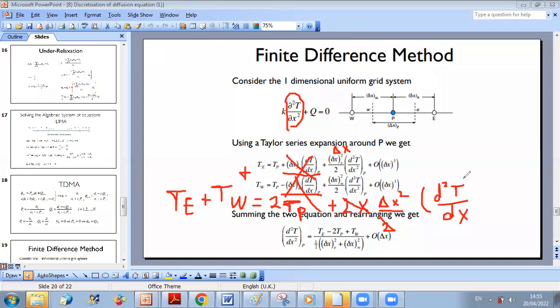And of course, the error will be of order... When you add two errors of order 3, you will have an error of order 3. So plus an error of order delta x cubed.